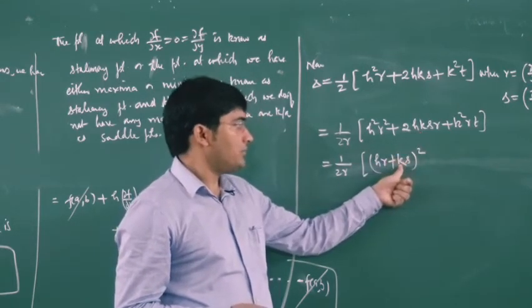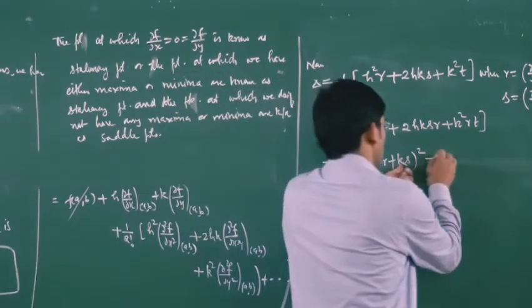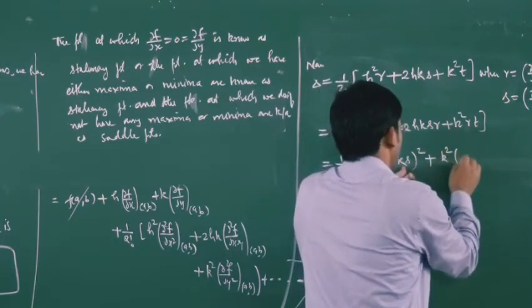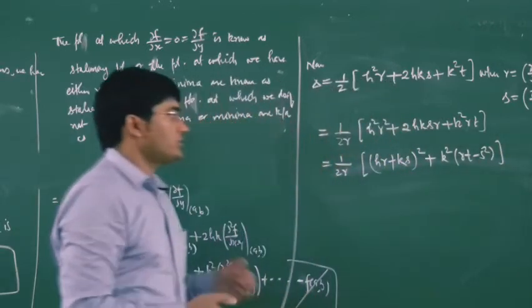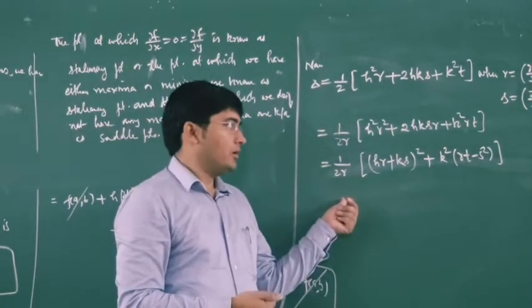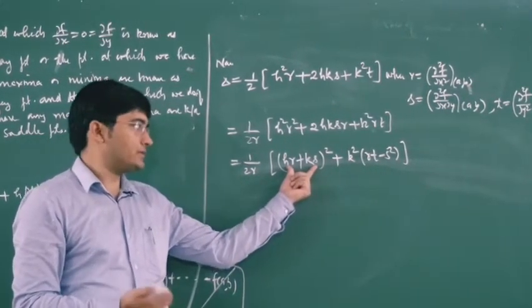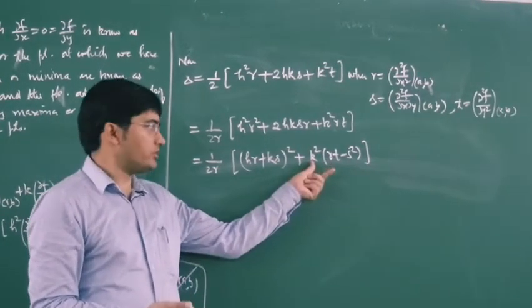Now this b square is k square r square. Let us subtract this term. If we subtract this term, then on taking k square common, we will have rt minus s square here. Now this is your delta. Here you can see that this is your positive, this whole square is greater than 0, and this k square is positive.